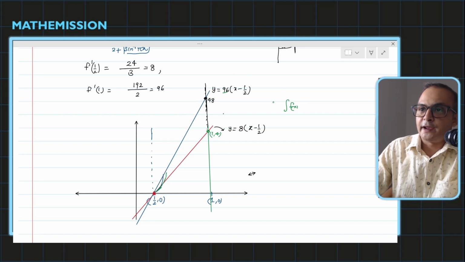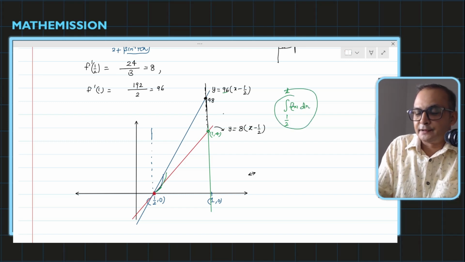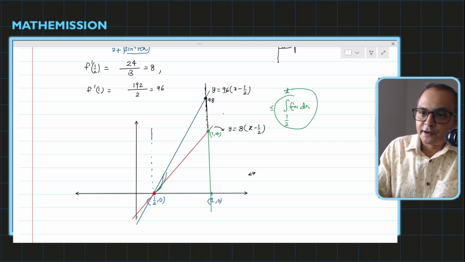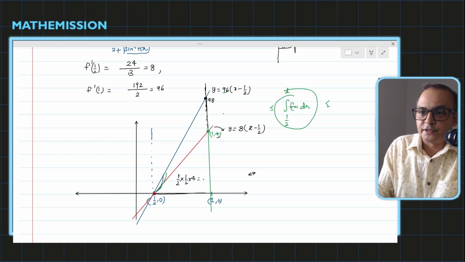So if you have to find the integral from half to 1, it means you are finding the area, and that area is lying between the area under this red line and the area under this blue line. Correct? So what is the area of this triangle under this red line? That is half into base into height. So height is 4 and this base is half. So this area will give you half into base into height. So this is 1. And that is the minimum value, that is m.